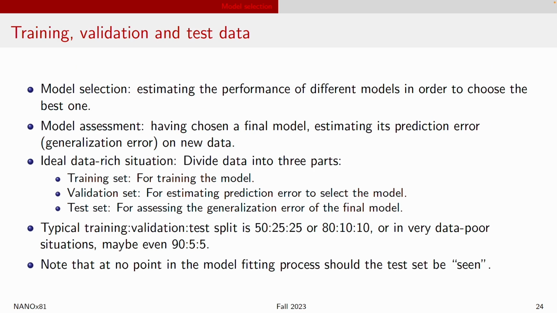All right. Now, so what do we do when we actually have a data set? Basically, there are two steps that we always need to take. One is called model selection, and one is called model assessment.